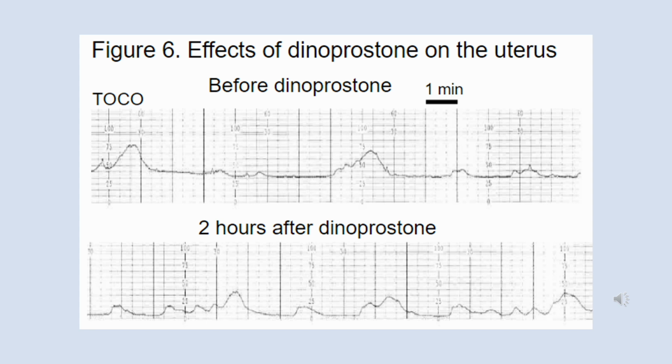So prostaglandin in this case is administered for cervical maturation of an unripe cervix in anticipation of a term induction. And before the prostaglandin is placed, we see relatively mild contractions per patient reporting, occurring about every 6 or 7 minutes, with some mild irritability that she does not perceive in between.